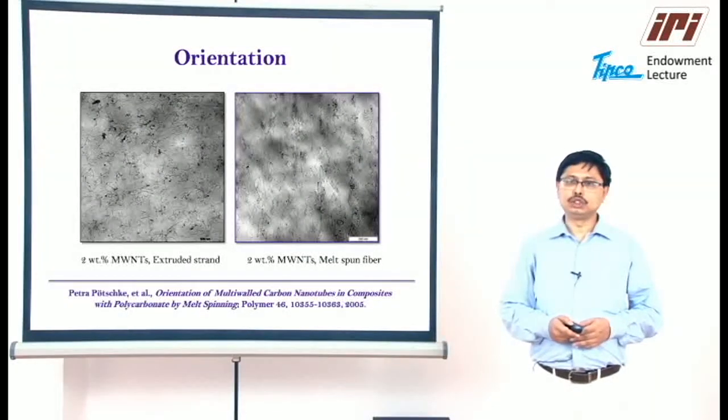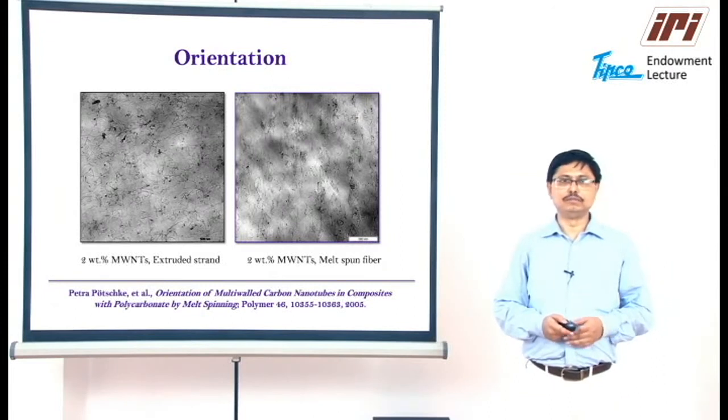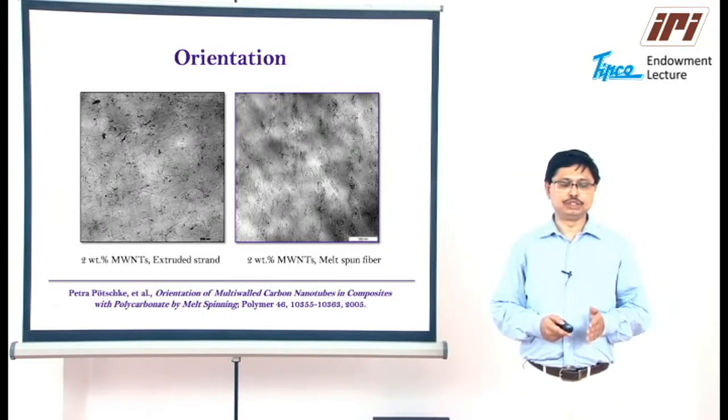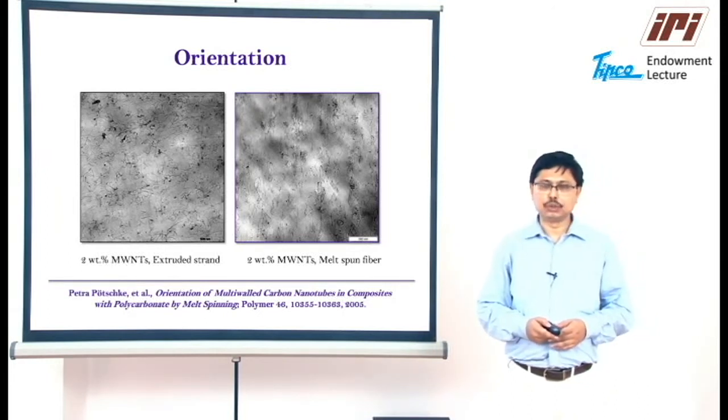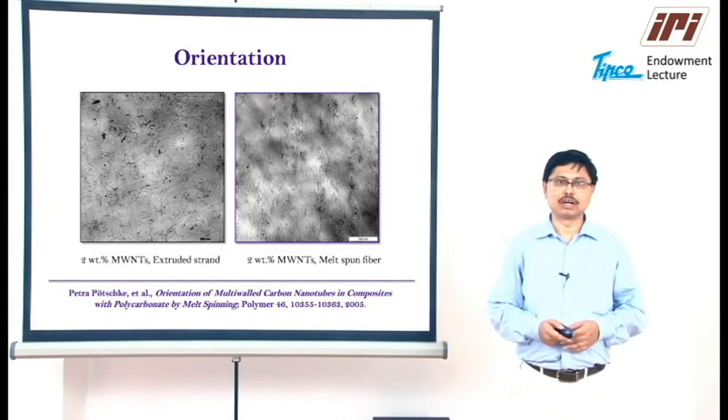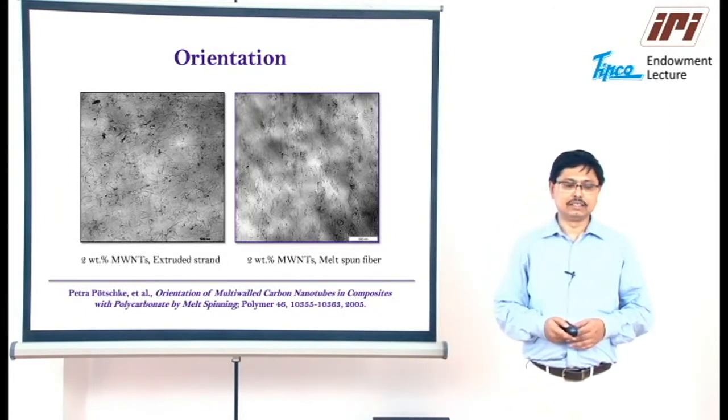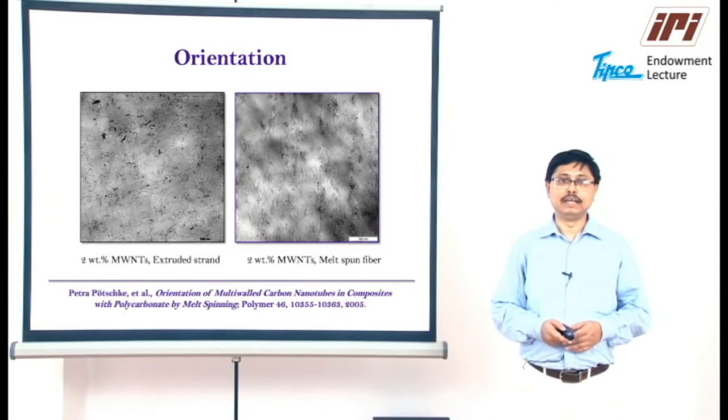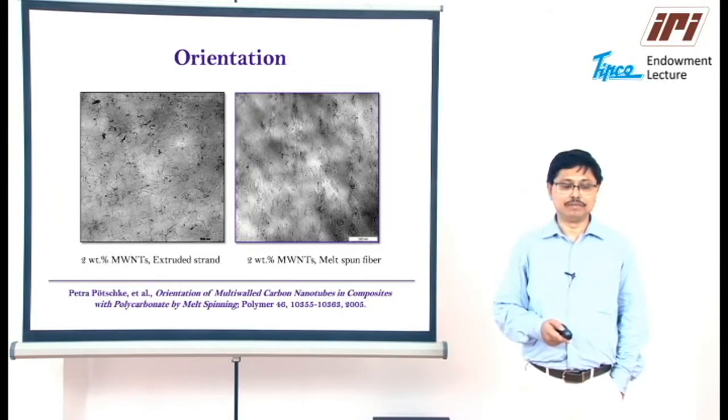Subsequently, it has also been observed that the composite material with 2 or 8%, in the extruded strand during the extrusion process, showed a random network-like structure formation, whereas in the melt spun fiber, the nanotubes are oriented in the fiber direction.